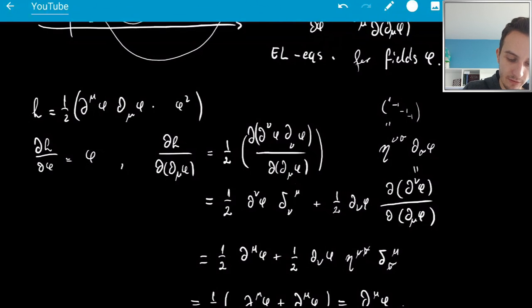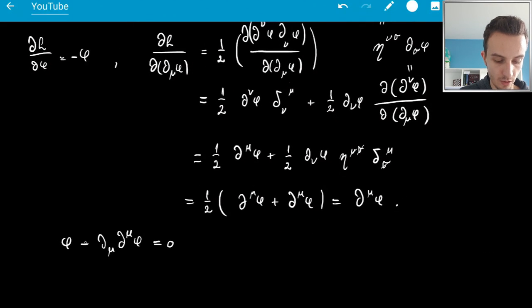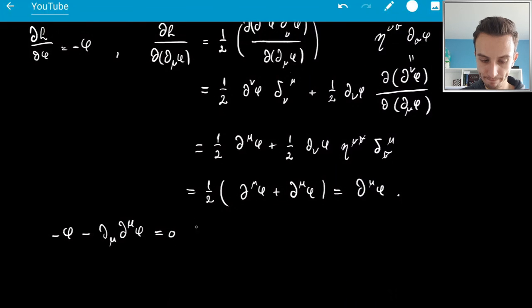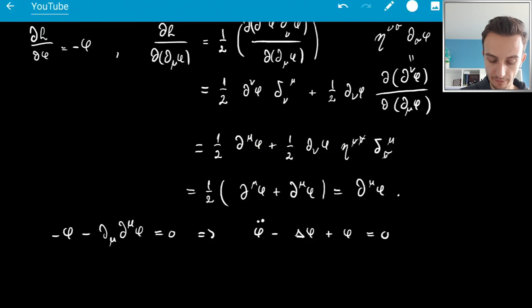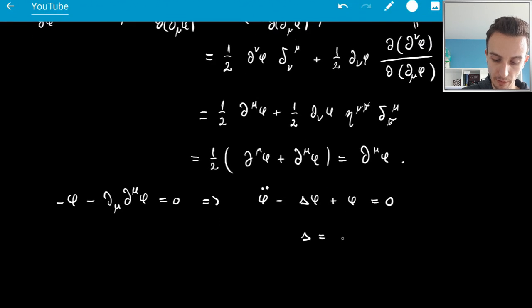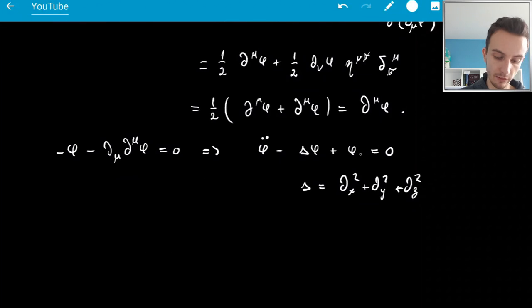I'm going to change this to minus, so that this is plus. So this means that phi double dot minus the Laplacian of phi plus phi equals 0, where this Laplacian is dx squared plus dy squared plus dz squared. And this is called the Klein-Gordon equation.